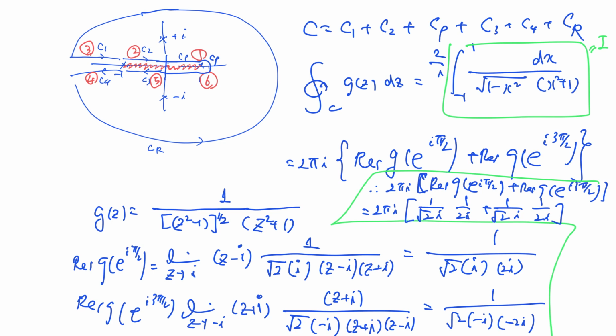Because the minus becomes plus. So the i cancels each other here. The 2 cancels here. So it becomes square root of 2 pi.